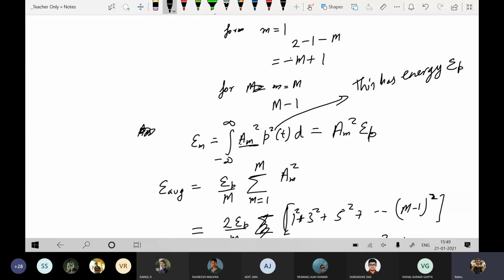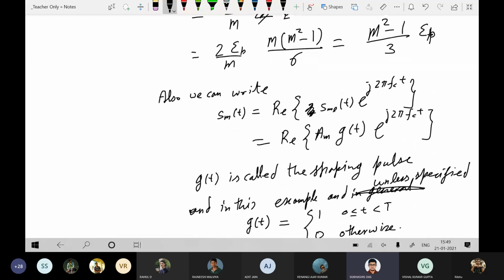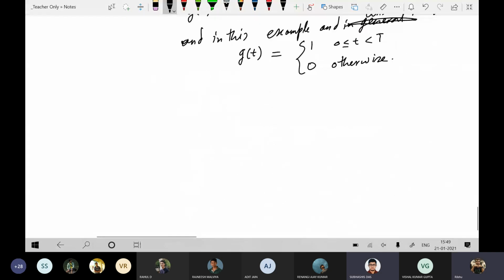A_m square is a constant, I can move it out of the integral. And g(t) is this.